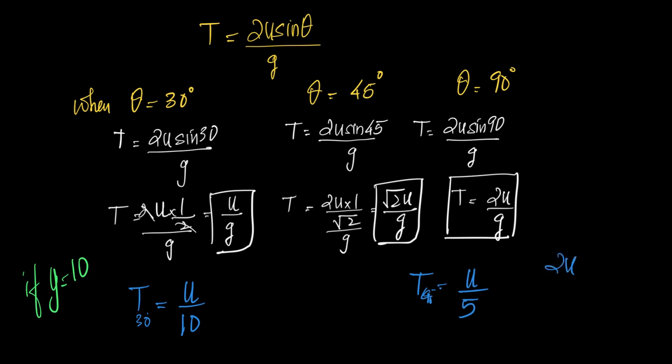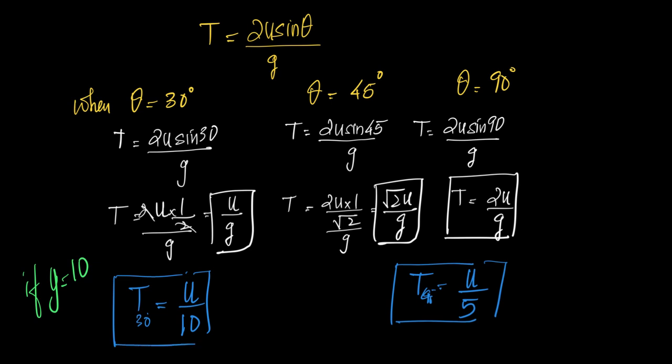Why u by 5? Because 2u by 10, right? So that becomes u by 5. So these two formulas can also help you in saving your time while doing problems with more steps. What is that? Time of flight at 30 degrees is velocity divided by 10. Time of flight at 90 degree is initial velocity divided by 5.